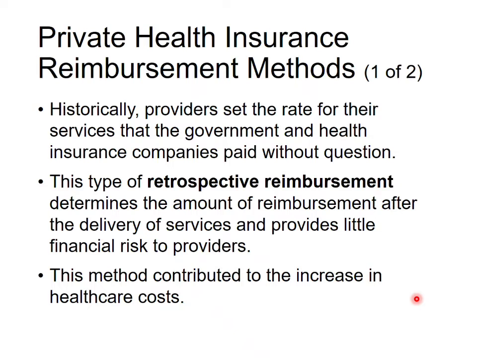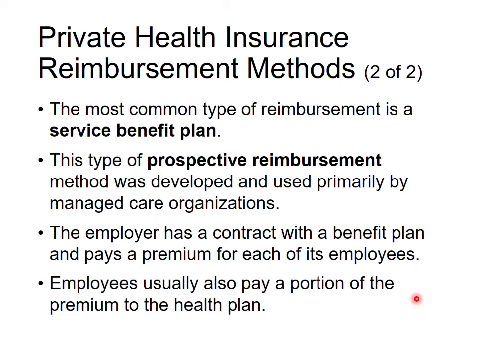This tended to be an increased healthcare burden as service providers could charge for all the services that they provide. So they were not held accountable for the type of services they were providing.